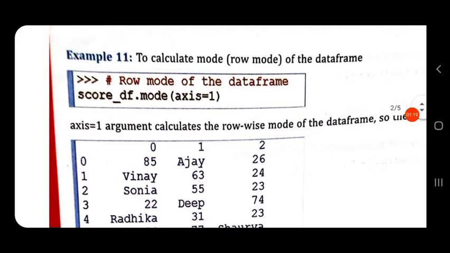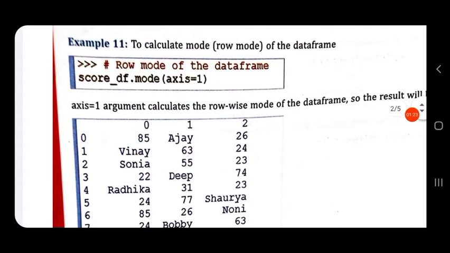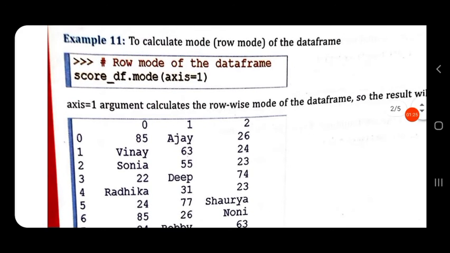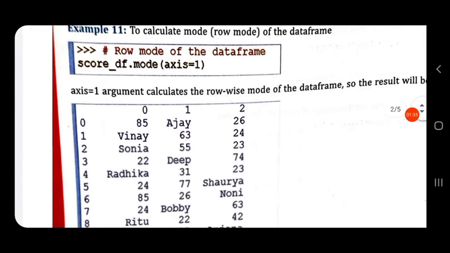So another example to calculate the mode of the data frame, and in this the mode of the data frame is calculated along the rows. So axis is equal to 1 is given. So score underscore df is the data frame and axis is equal to 1.